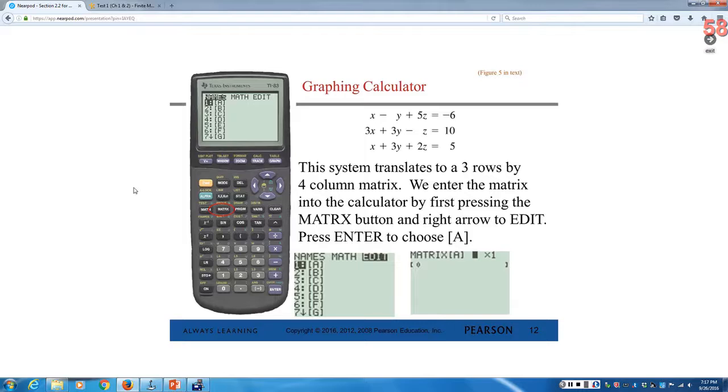Now, what I want you to do, once you get the matrix button pushed, and yours may be a second button or it may be just a button, is right arrow all the way over to edit. Like this.